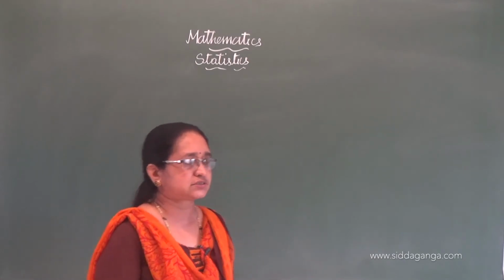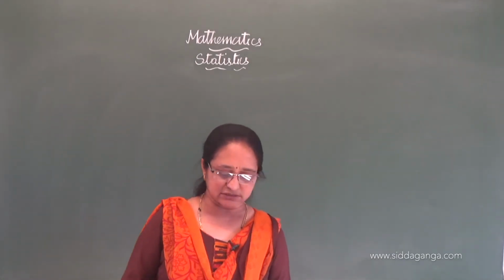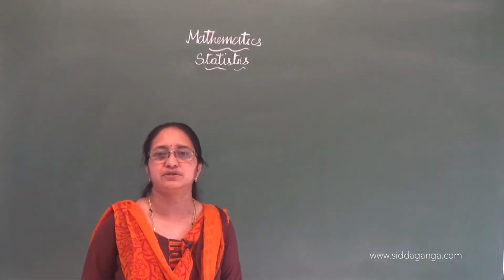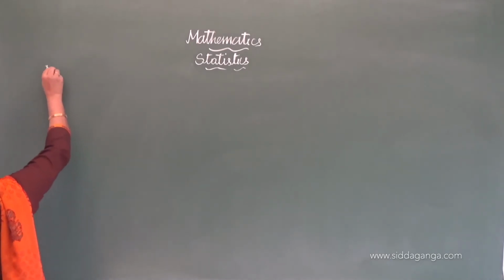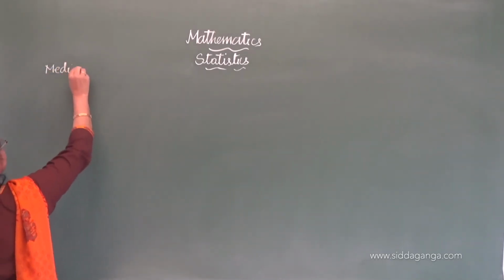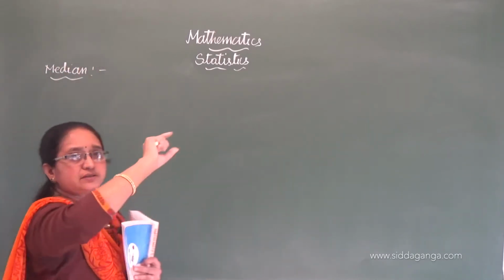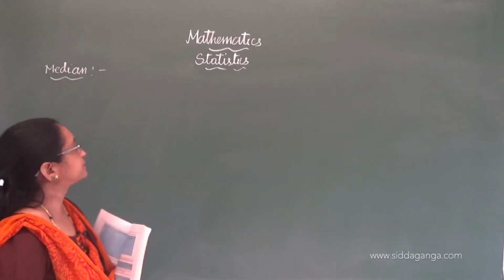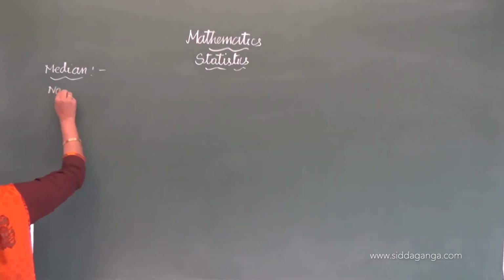So, let us start with this. Determine the median number of letters in the surname. So, first let us find out the median, okay. You can put the heading median, or you can write 'to find the median' as the heading. Now, I will write the question.